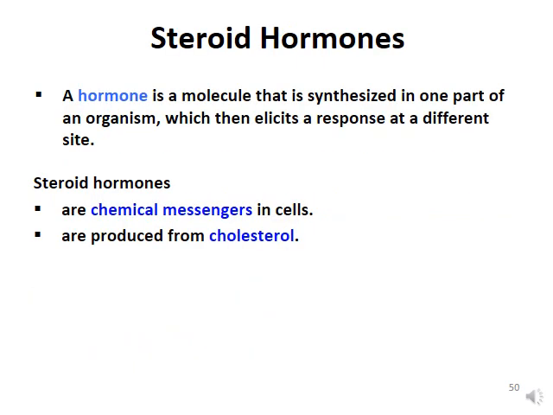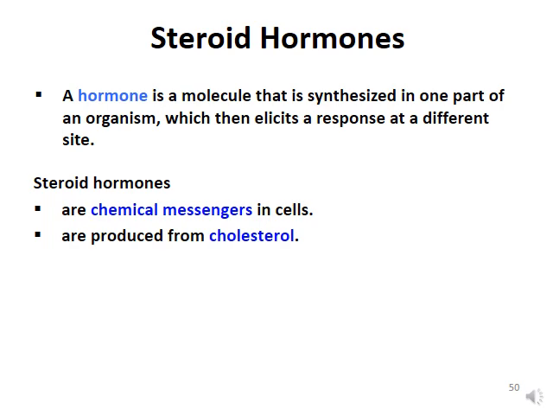Okay, so let's talk about hormones. A hormone is a molecule that is synthesized in one part of an organism and then elicits a response at a different site. It's made someplace, and then whenever it gets squirted out or carried over there, something else happens, some response at a different area.